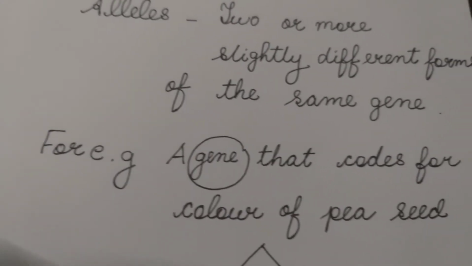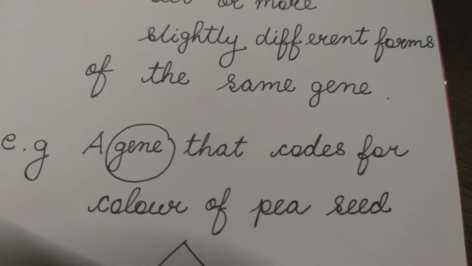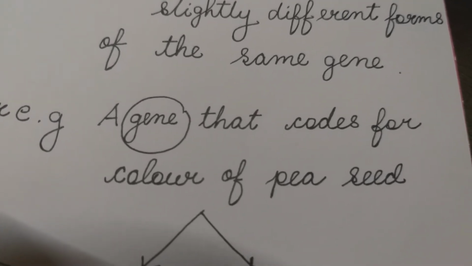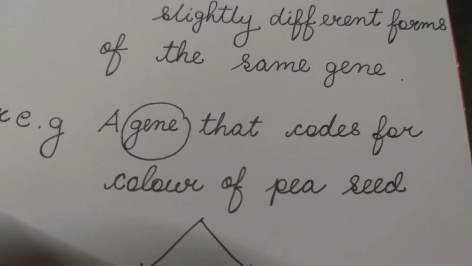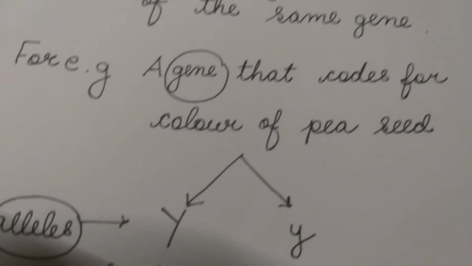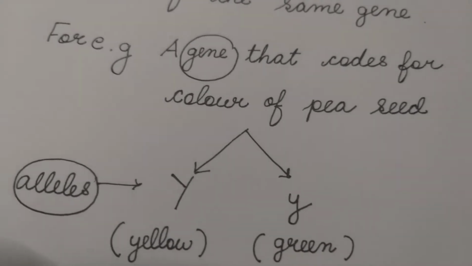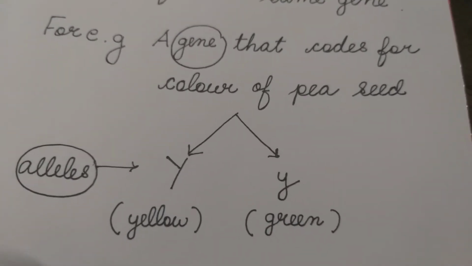For example, consider a gene that codes for the color of pea seed. There is a gene in the pea plant which is responsible for expression of the color of the seed. This particular gene has two alternative forms, two slightly different forms.